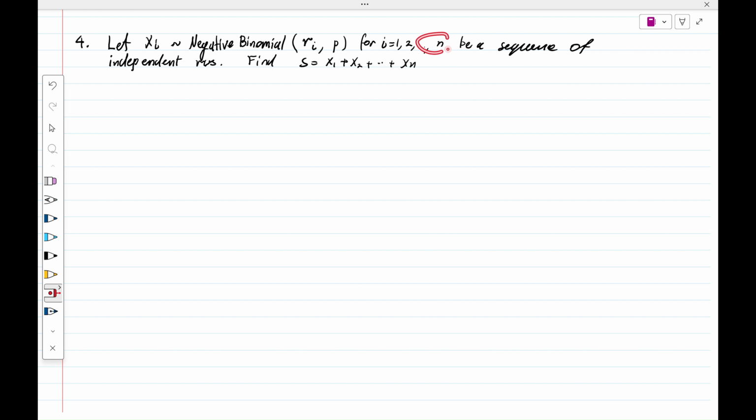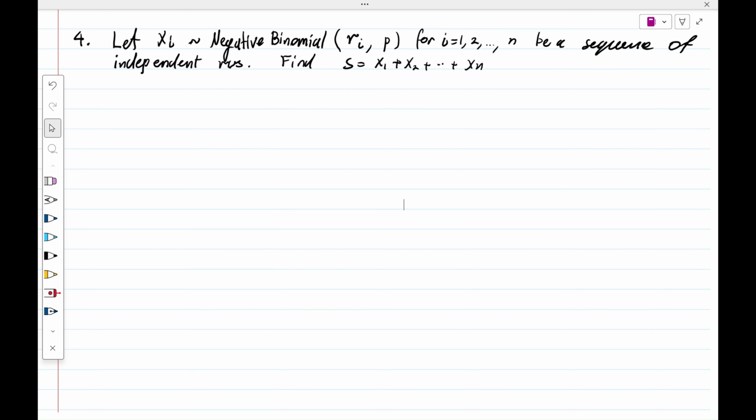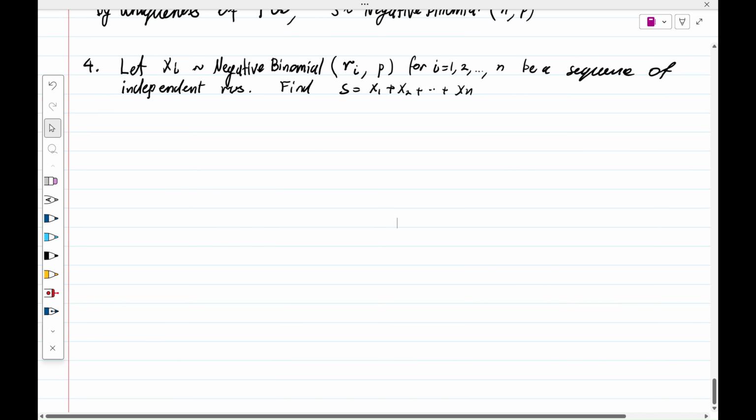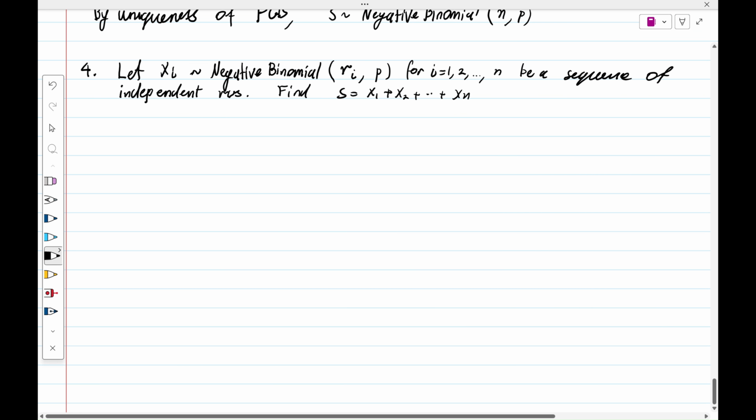And that, of course, is going to be the case for i equals 1 all the way to n. And again, they're going to be independent random variables. We need to find the distribution of S, which is the sum of x1 plus x2 all the way to xn.